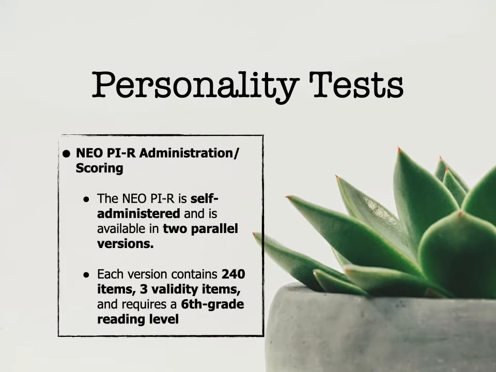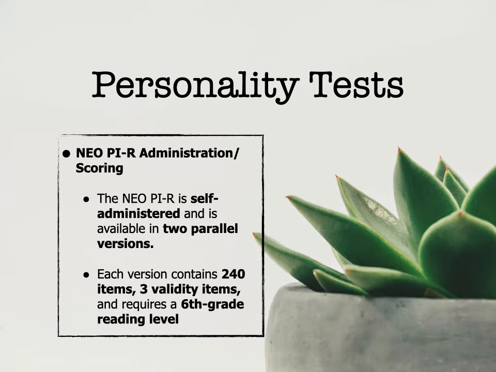The Neo-PI-R is self-administered and is available in 2 parallel versions. Each version contains 240 items, 3 validity items, and requires at least a 6th grade reading level.